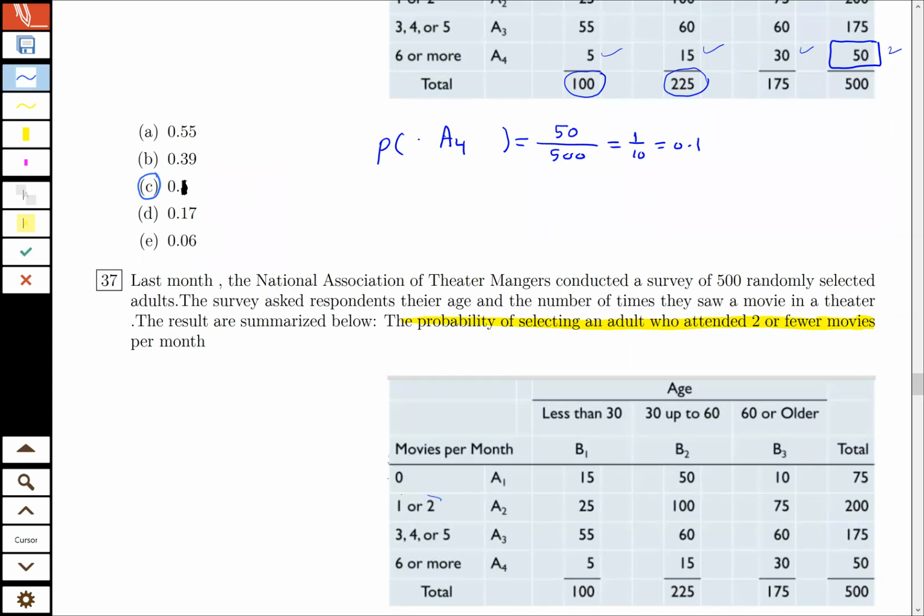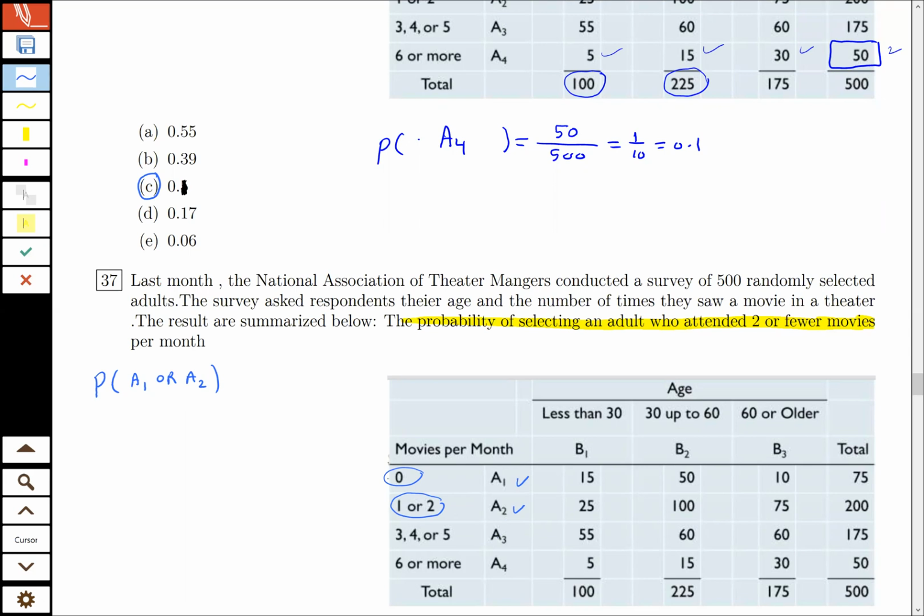This is 1 or 2, and this is none. So 2 or less means either A2 or A1. A1 means they did not watch any film, and A2 means they watched 1 or 2.